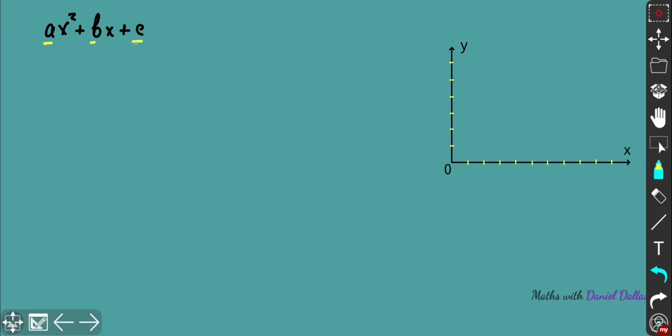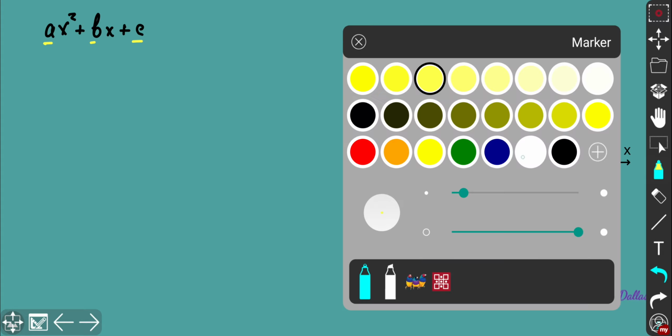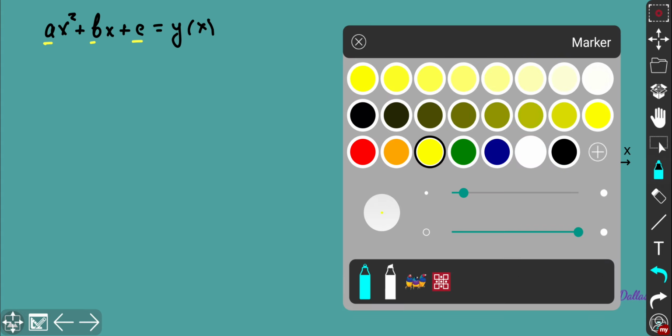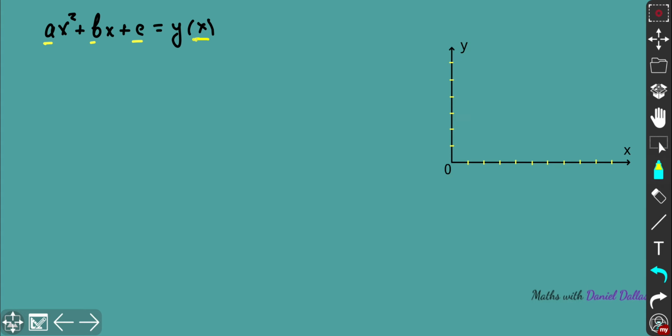If you equate it to another variable, y, obviously this expression is dependent on x, so you denote it as y of x. Here you can consider it a quadratic function.